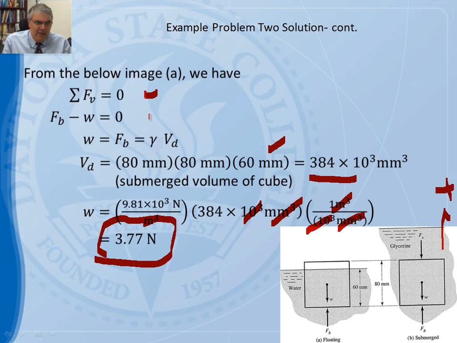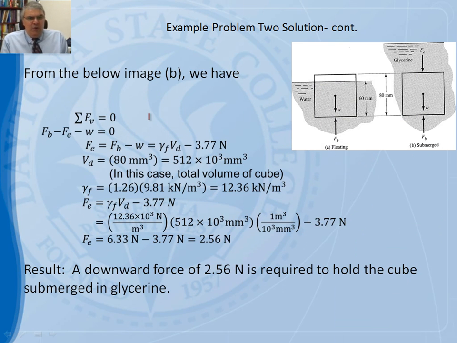That'd be F sub B. Then, in order to calculate F sub E, in this case, we need to follow the principles of equilibrium. Summation of forces in a vertical direction is 0. F sub B minus F sub E minus W, we set that to 0. F sub E is F sub B minus W, gamma sub F V sub D minus 3.77. We already calculated this from the previous step.